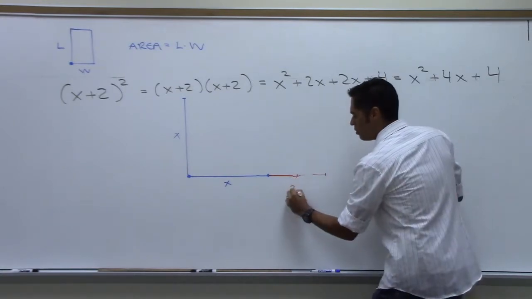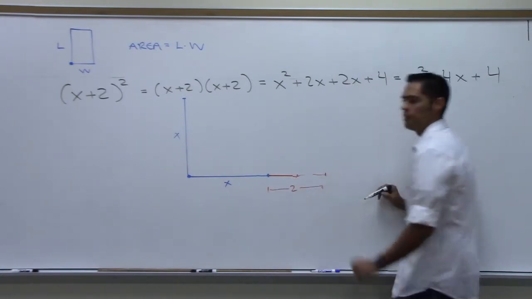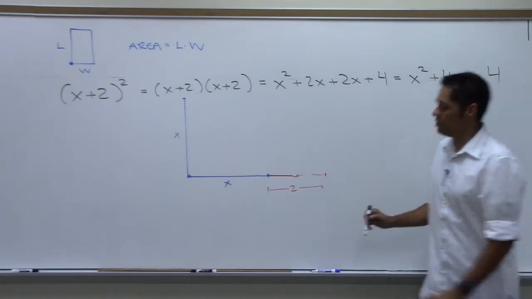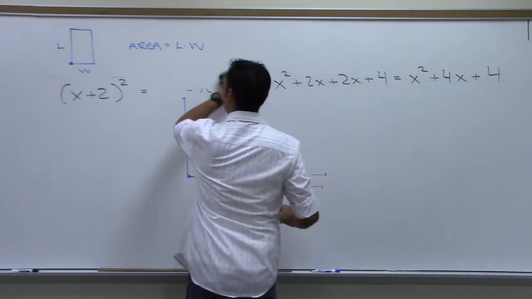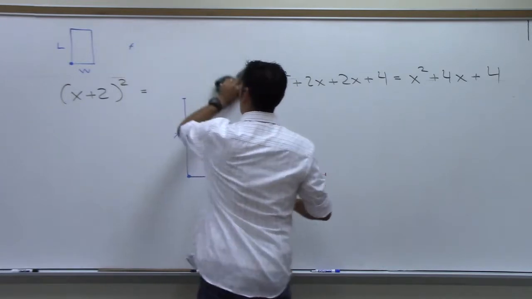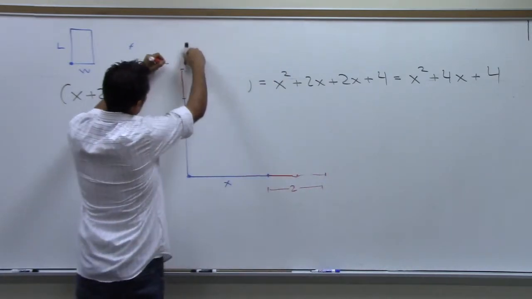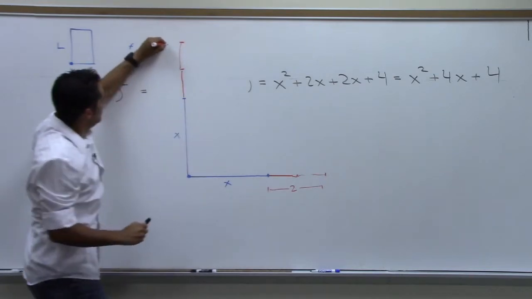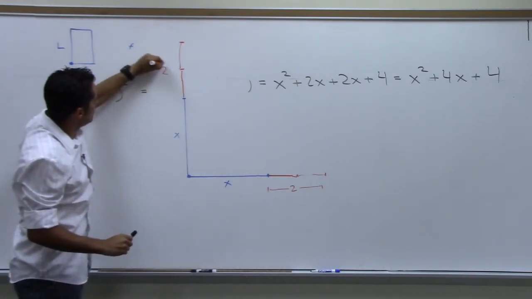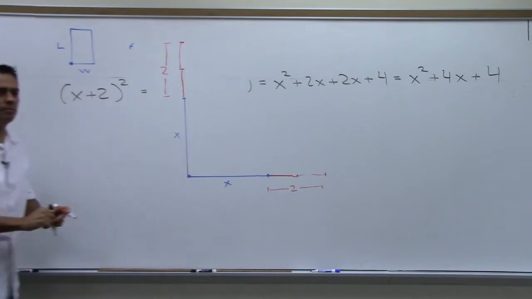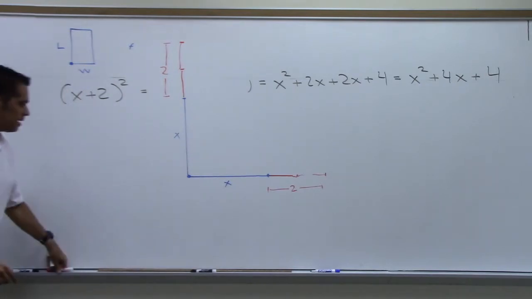So this is 2 from here to here. Agreed? Yeah? I'm going to do that here also. So from here to here is one marker. Here to here is another marker. So this distance is 2 from there to there. Y'all all with me? Okay, we're almost there.